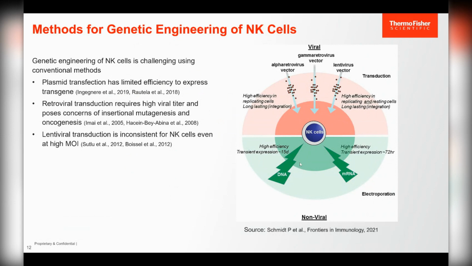Scientists also tried to edit the NK cell by using retroviral transduction, but it requires high viral titer and poses concern of insertional mutagenesis and oncogenesis. And lentiviral transduction was also tried, but it has inconsistent transduction of NK cells even at high MOI.